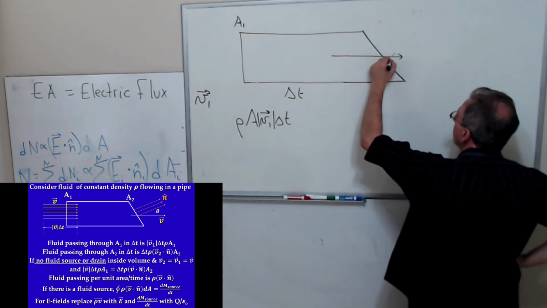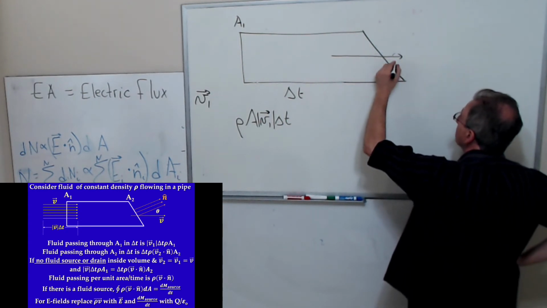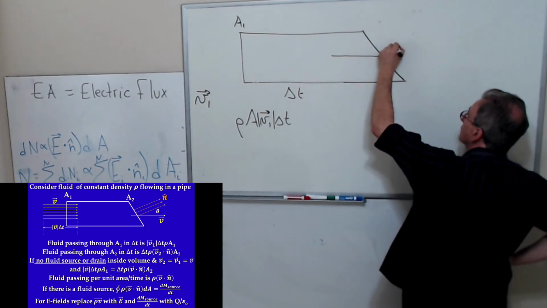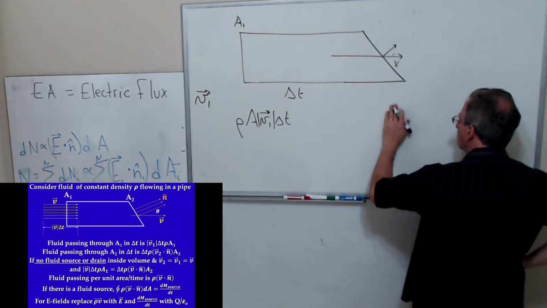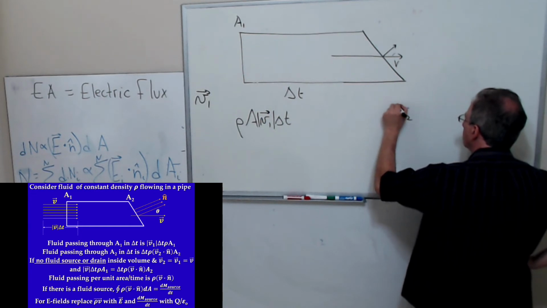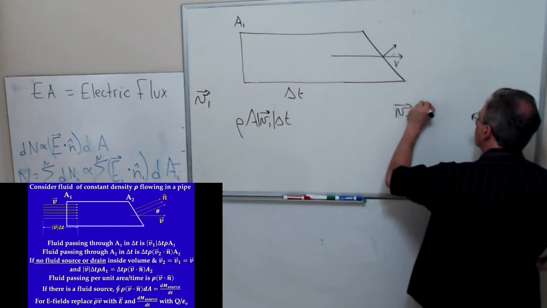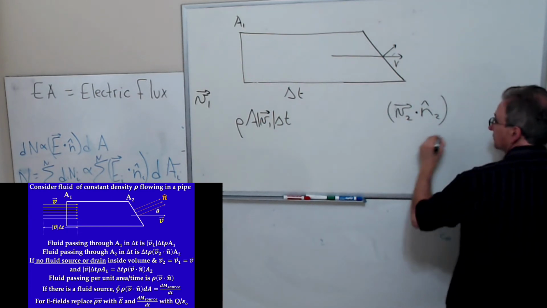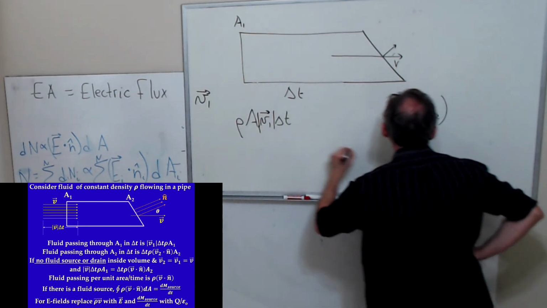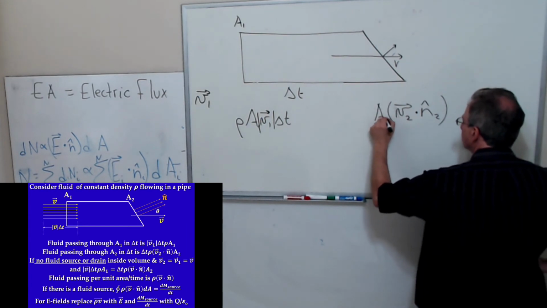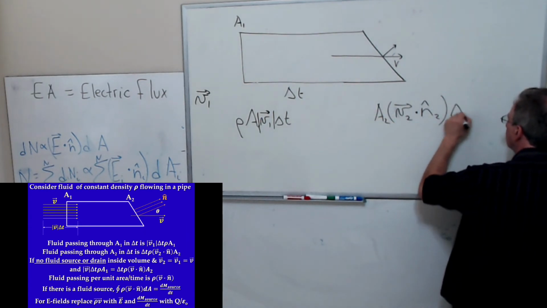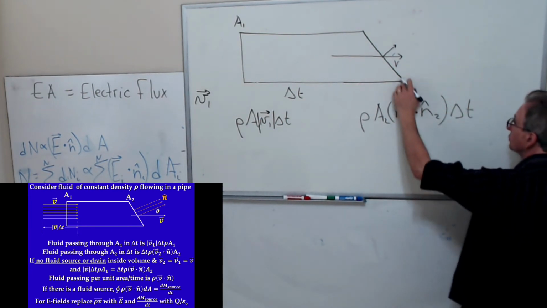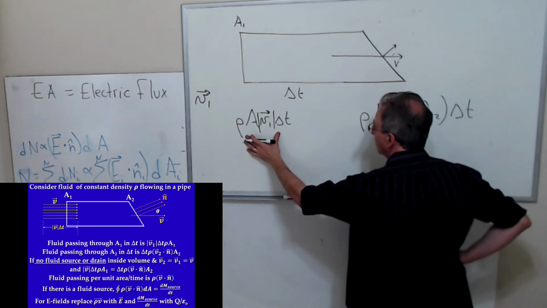Well, remember, I have to consider the component of the velocity vector that's perpendicular to the surface. So I have to take a dot product of the velocity vector v2 here, dot the normal to whatever that surface is, times a2 times delta t times the density. So what goes through this side is this value, what goes through this side is this value.